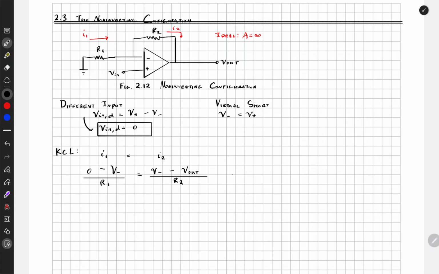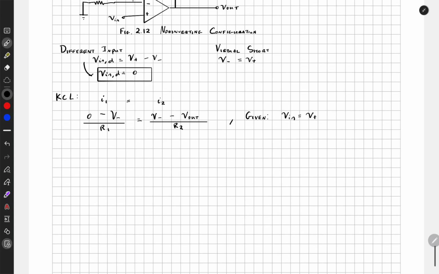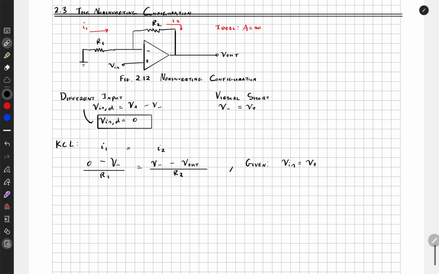Now, given the fact that V minus is equal to V plus, and V in is equal to V plus, like here, this is just the same voltage. So we substitute this V in, because we know from the virtual short circuit approximation that V minus equals V plus.